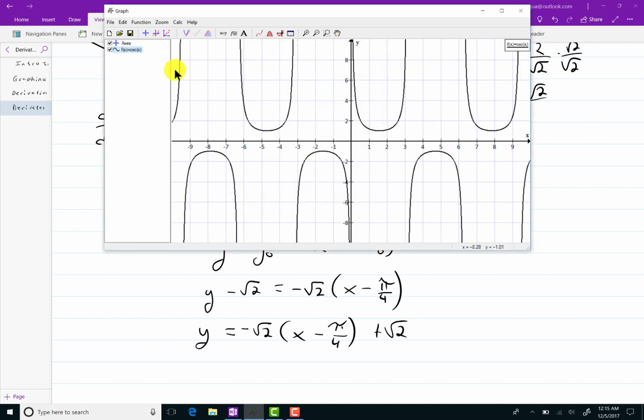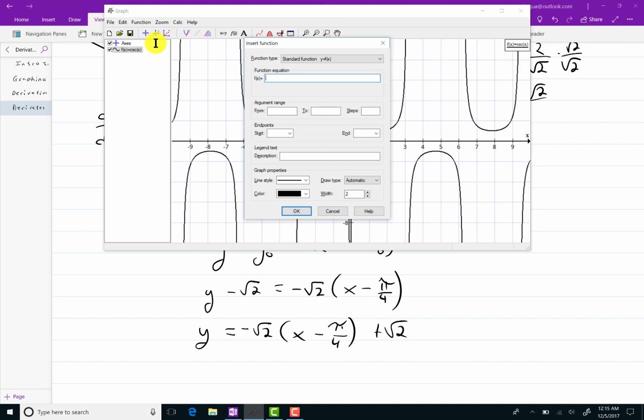And for my second one, I want to graph negative SQRT of 2, putting that in parentheses, times x minus pi, you actually spell pi, slash 4, parenthesis, plus SQRT of 2.